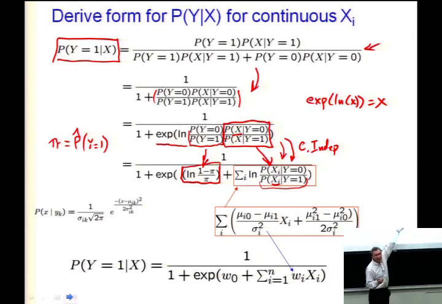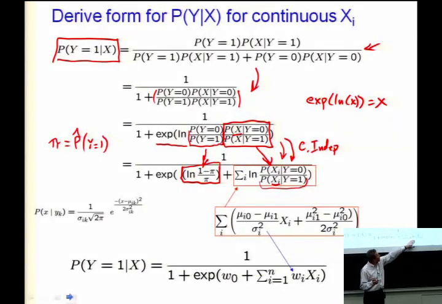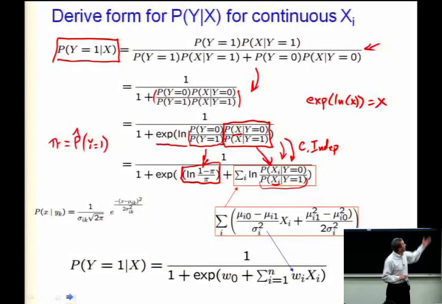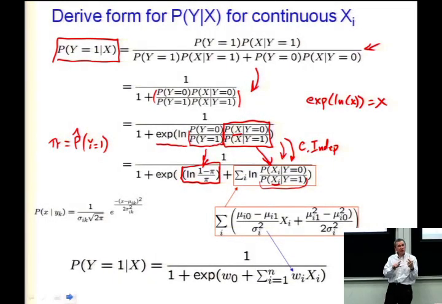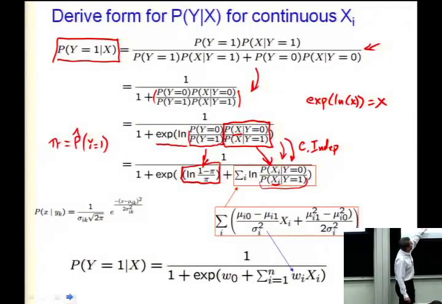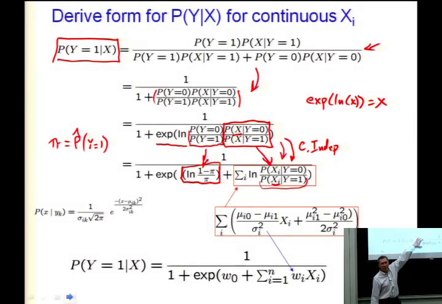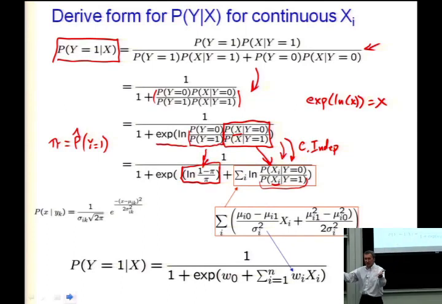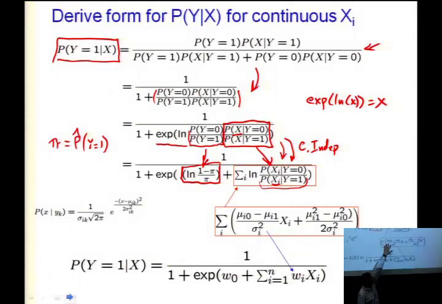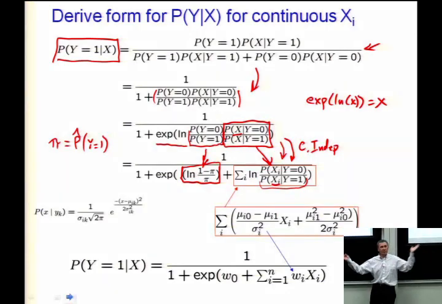And the parameters that we're estimating from Gaussian naive Bayes, we can translate into the parameters that we want for W0 and W1. So if we believe these assumptions, the conditional independence assumption and the Gaussian conditional distribution assumption, one way to train logistic regression, which is essentially this form of a classifier, is to first train our Gaussian naive Bayes classifier, get our estimates of the mu's and sigmas, use this formula to translate those into the parameters that we need for this form, and we're done.